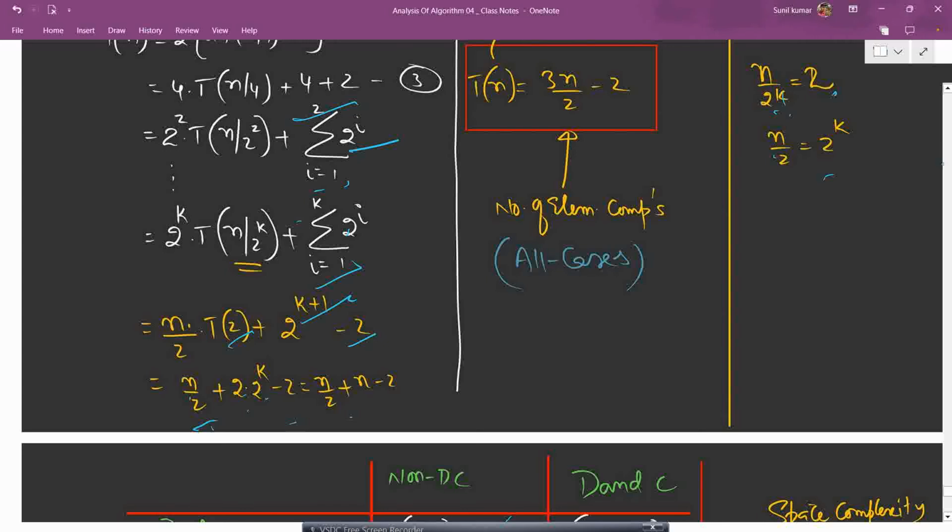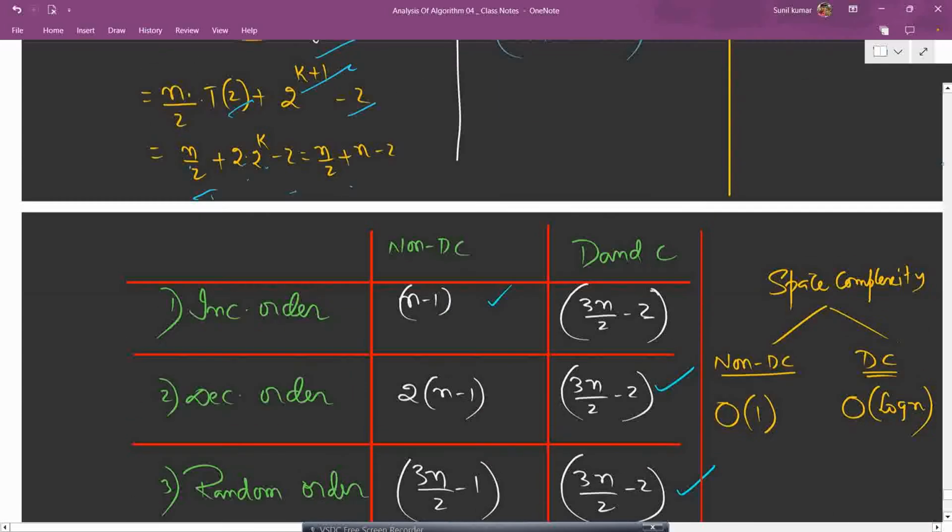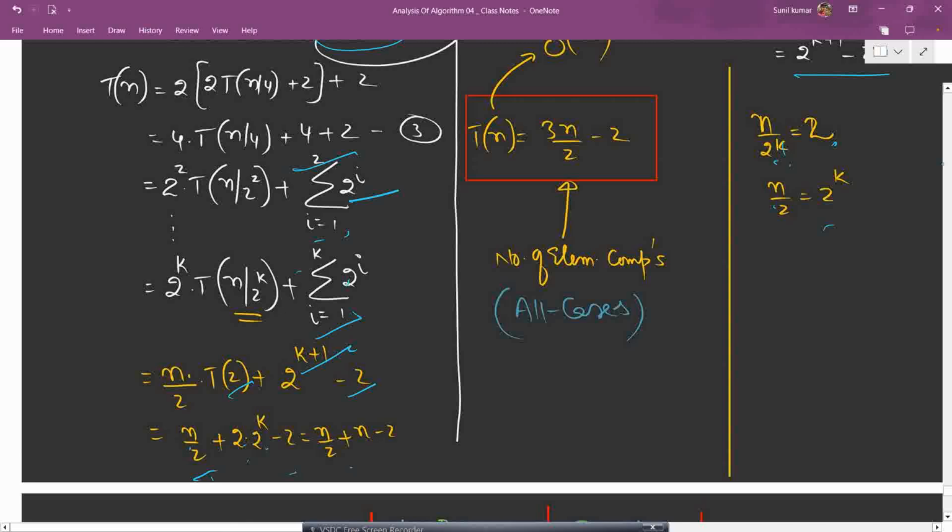So the total is 3n by 2 minus 2 element comparisons in all cases.